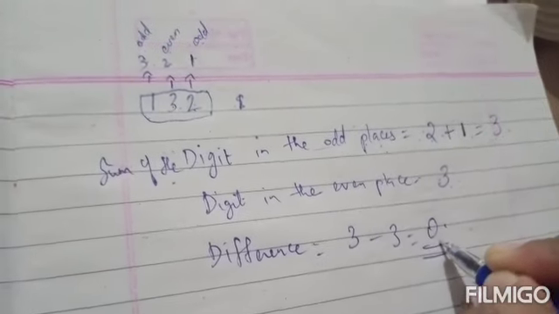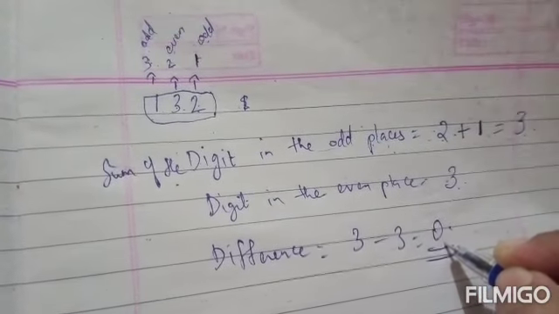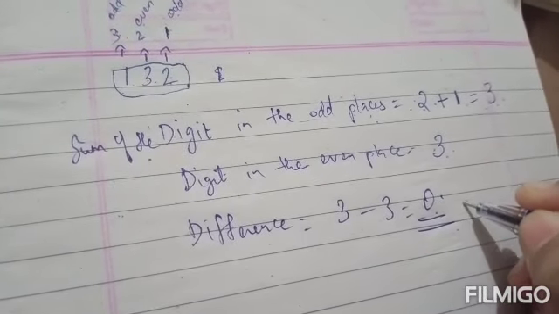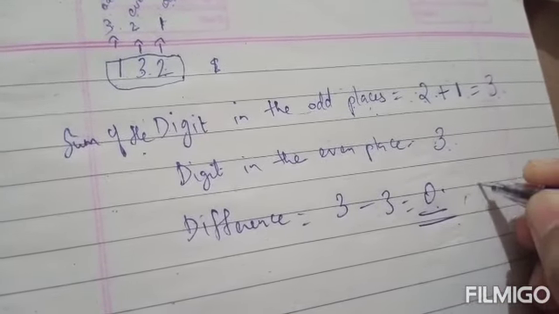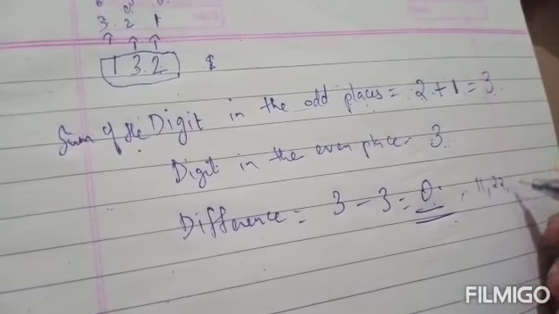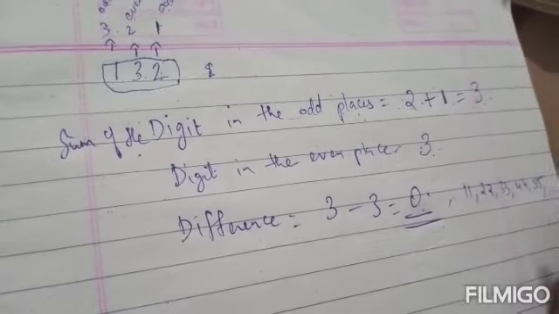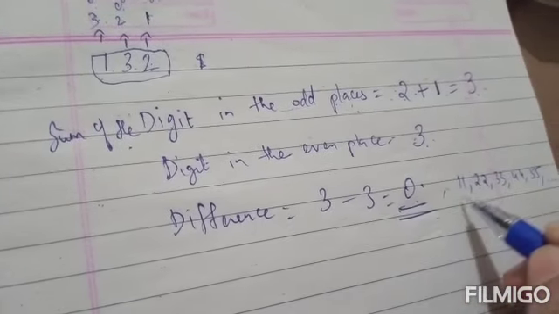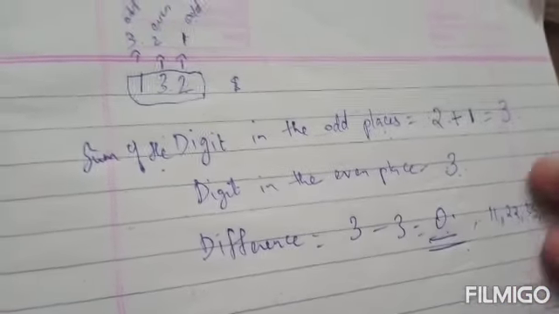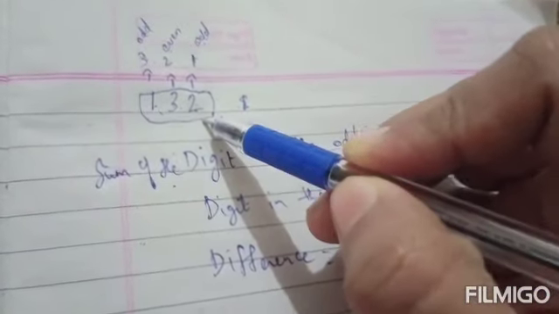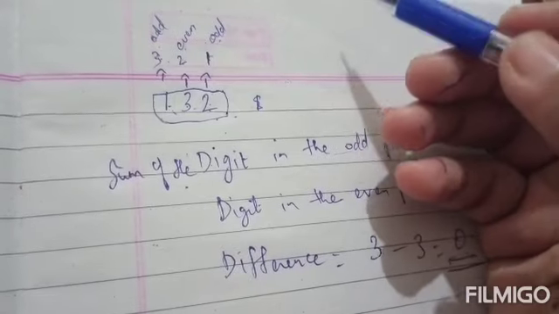If this difference is 0 or divisible by 11, what are those numbers? 11, 22, 33, 44, 55, etc. If the difference is 0, 11, 22, 33, 44, 55, etc., then we can say that this number 132 is divisible by 11.